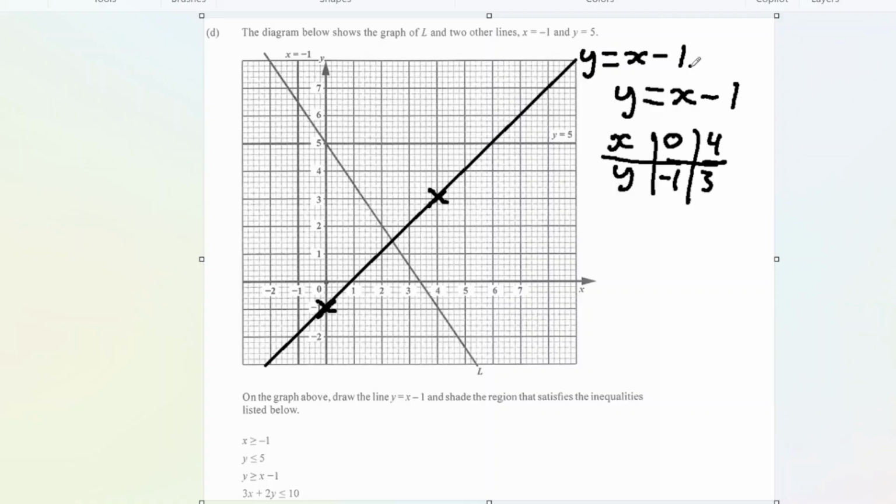Right, on the graph above, we draw the line, and we want to shade the region that satisfies the inequalities listed below. The first inequality is x is greater than or equal to -1. So that is this line here, and is greater than, so remember when it's greater than, we put the arrows going in this direction.